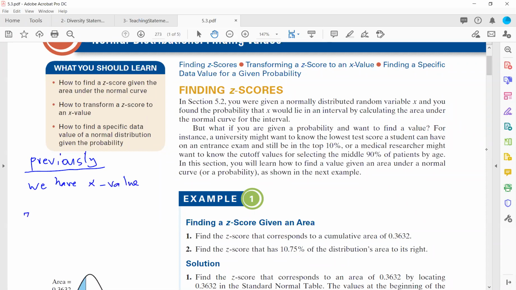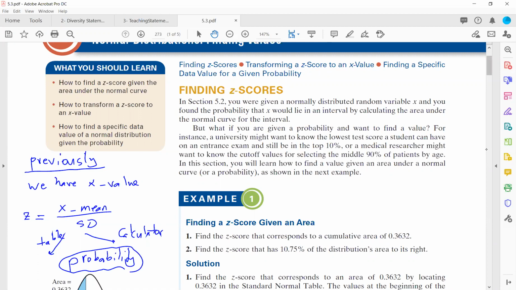And our goal was to find Z, which equals X minus mean divided by standard deviation. Then we either look at the table or we use our calculator to find the probability. Is this a 5.3? Yes. Perfect, thank you.